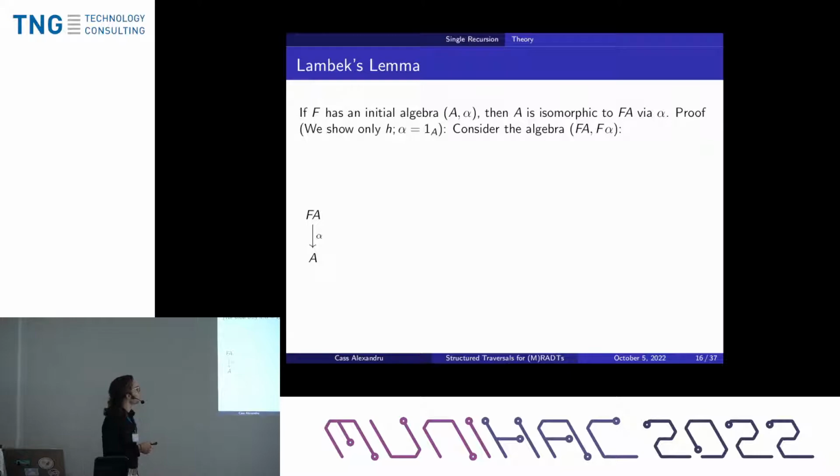Okay, so basically we're going to want to have an isomorphism, a commuting diagram where A goes to A on the lower edge via the identity, and F of A goes to F of A via F of the identity on the top edge. That's what it means to be the identity morphism in the category of F-algebras. Okay, so we know there is a unique morphism. The trick is to take the F image of this algebra.